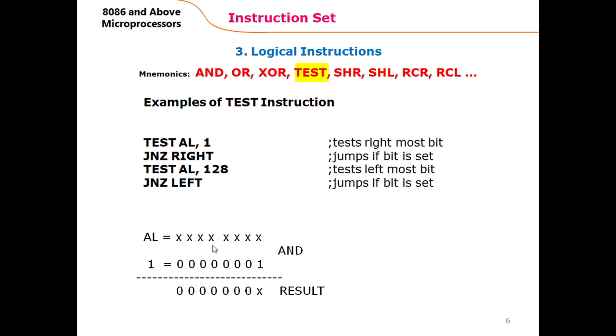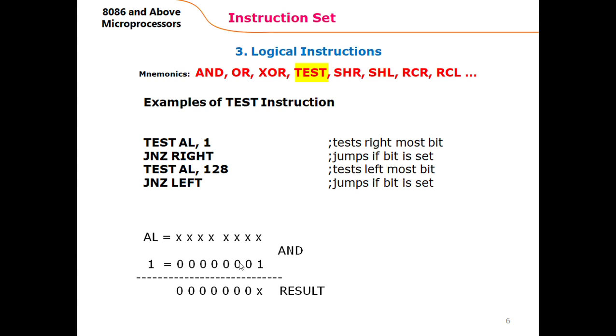So this 8-bit value in AL is ANDed with this immediate value given here. So the AND operation would give us this result, and the unknown bit here is not changed. It is represented here, and we are not sure. If it is 1, then we get 1 here, and if it is 0, we get 0 here.